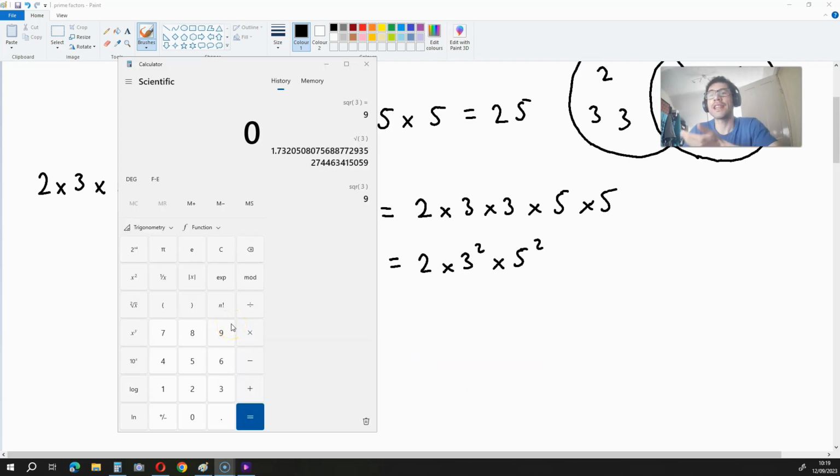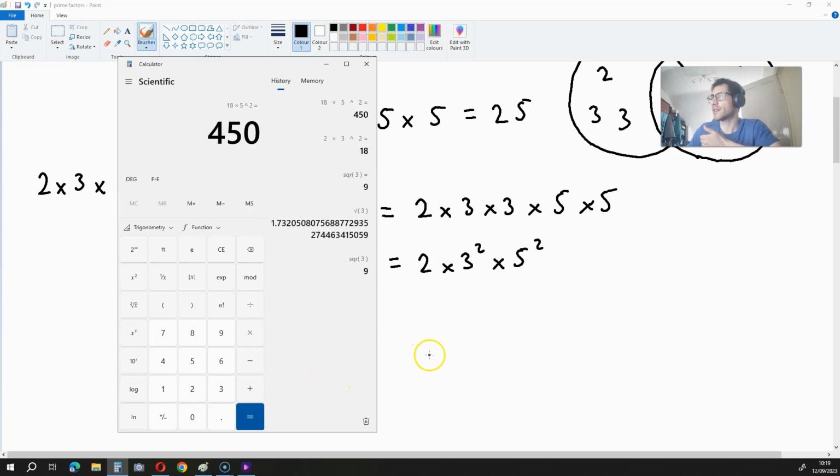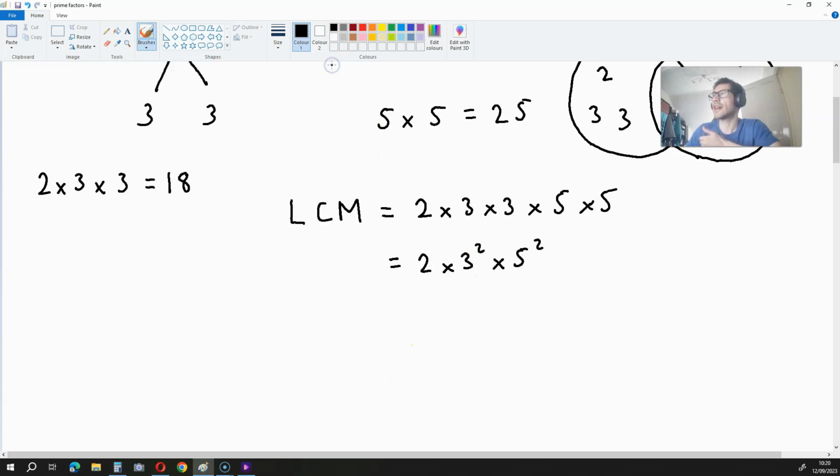The calculator is out. Let's do 2 times 3 squared, okay, which is 18, times 5 squared, and that gives us 450.